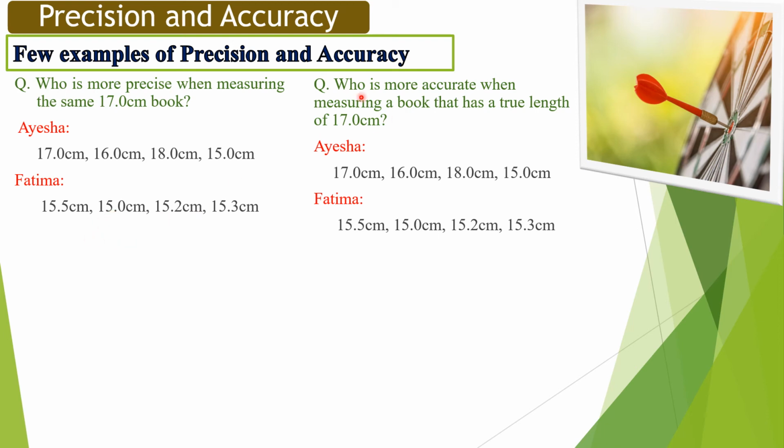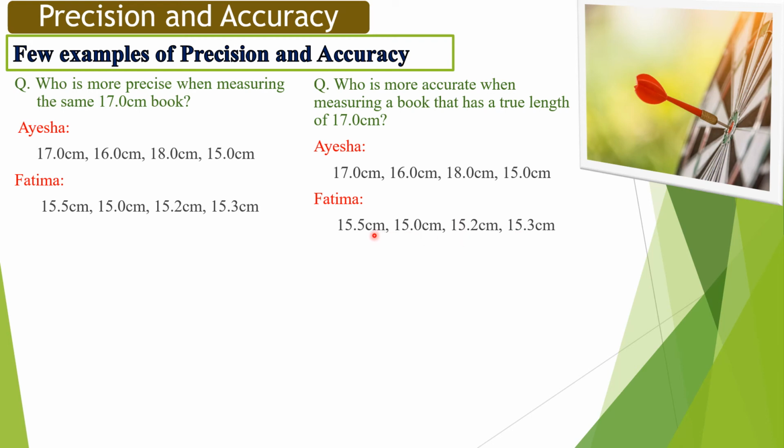Who is more accurate when measuring a book that has a true length of 17.0 centimeter? Measured values of Aisha's experiment are 17.0 centimeter, 16.0 centimeter, 18.0 centimeter, and 15.0 centimeter. Measured values of Fatma's experiment are 15.5 centimeter, 15.0 centimeter, 15.2 centimeter, and 15.3 centimeter.